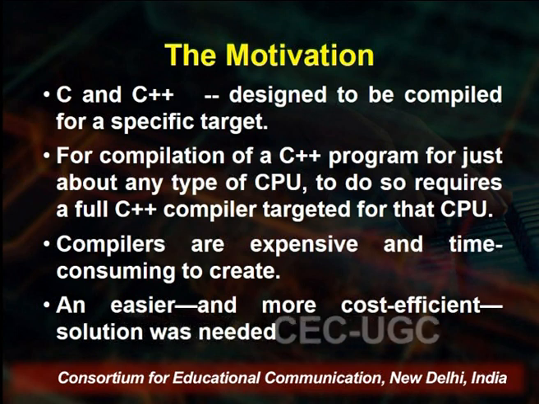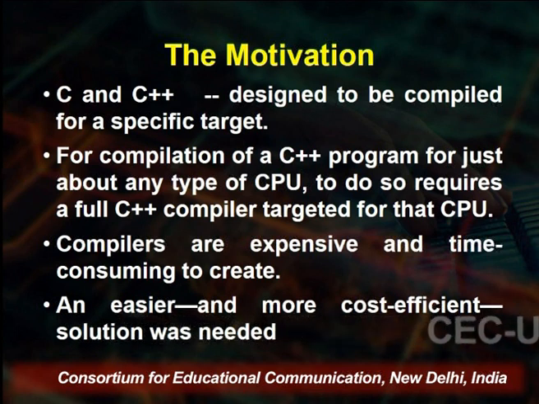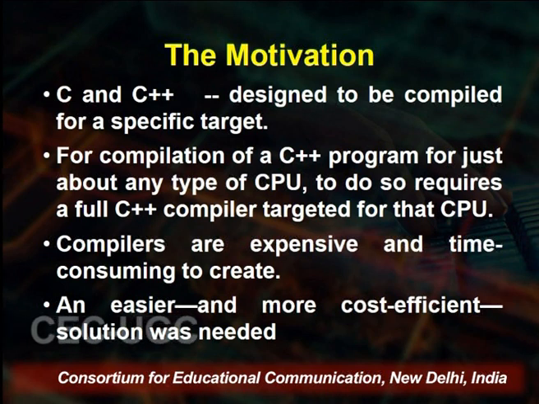If I need a C++ program to be compiled on one of the CPUs, it requires a full C++ compiler targeted for that particular CPU. And if I change the CPU, then the C++ compiler has to be changed, because the previous compiler was targeted for that particular CPU only.